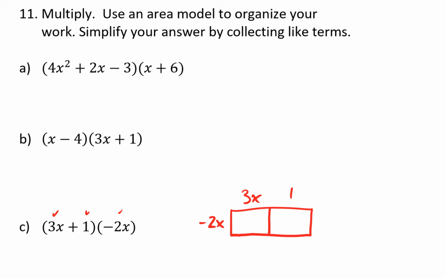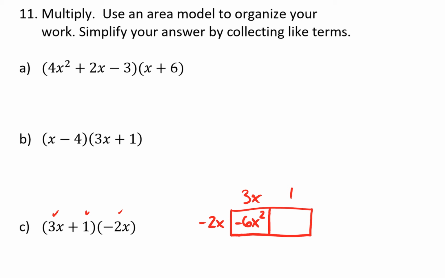So the first one is I'm multiplying a negative 2x times 3x. That gives me negative 6 times x. And the other box is a negative 2x times 1. Oh, I can't believe I just did this, because that's the mistake I saw many of you make. When I multiply negative 2x times 3x, notice that there is an x times an additional x there, so that's negative 6 times x squared.